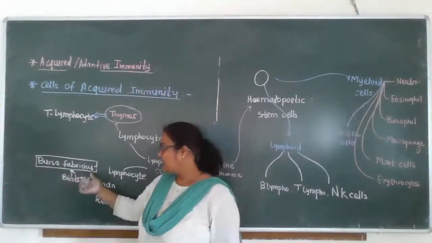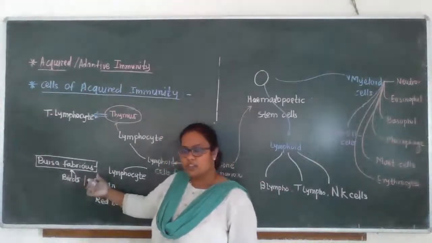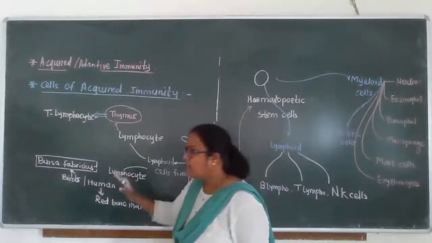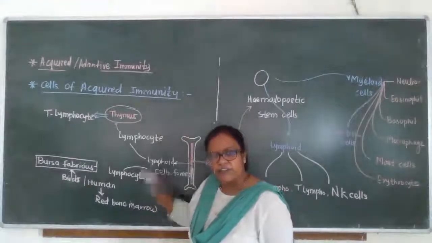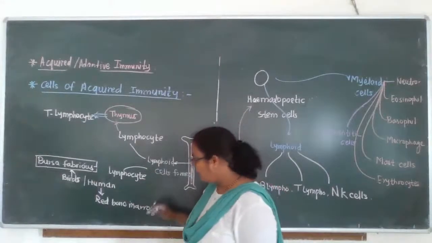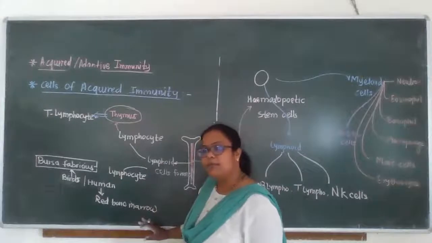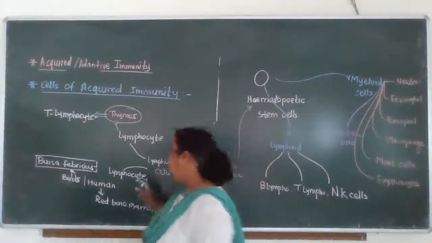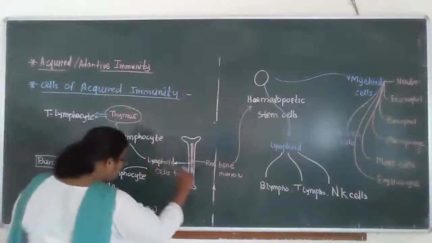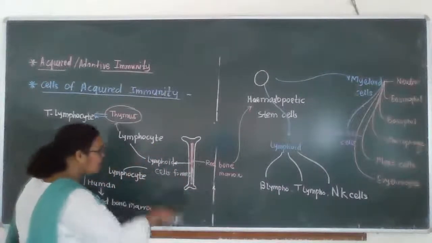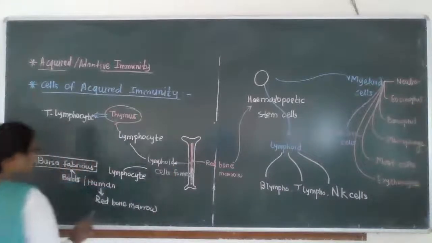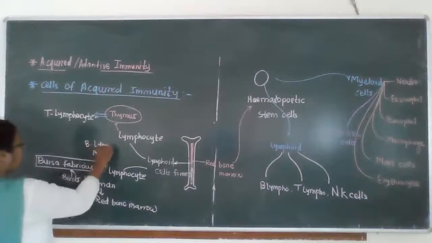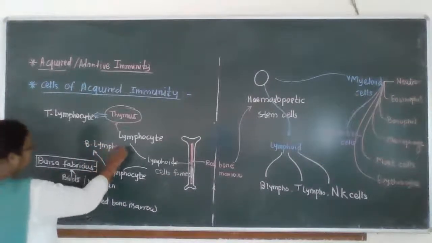Because of this bursa, and because the same function is performed by the organ present in humans, that is the red bone marrow, B for bursa and B for bone marrow, the lymphocytes which get synthesized in the bone marrow and mature in the bone marrow are called B lymphocytes.